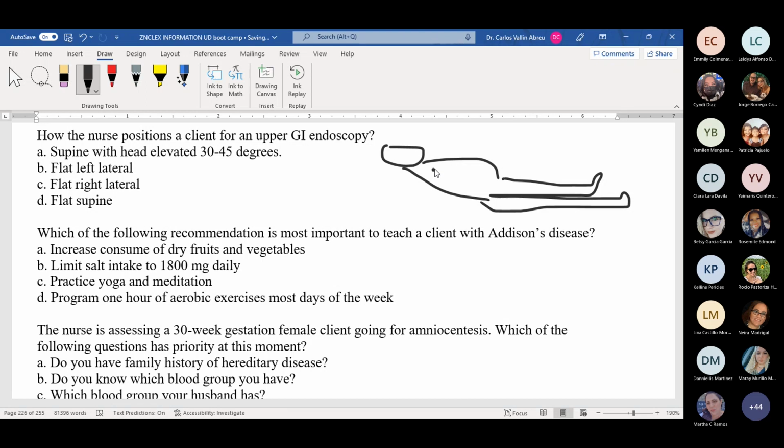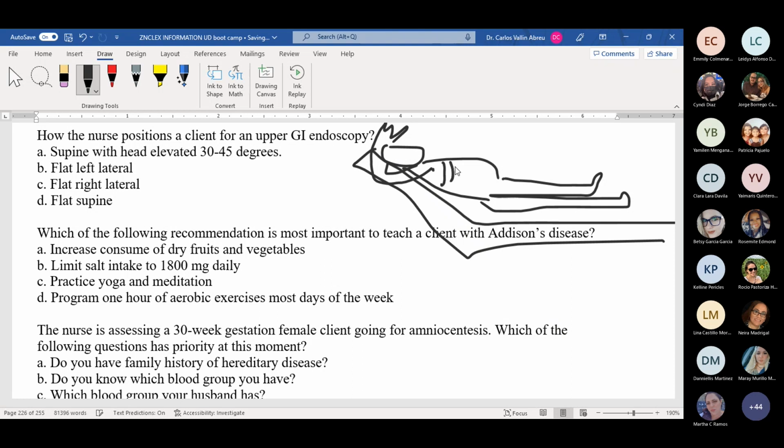If the position is during the biopsy, the patient needs to be in supine position with the right upper extremity behind the head, behind the neck, or up. Why? Because here is the area that the doctor is going to approach to do the biopsy.